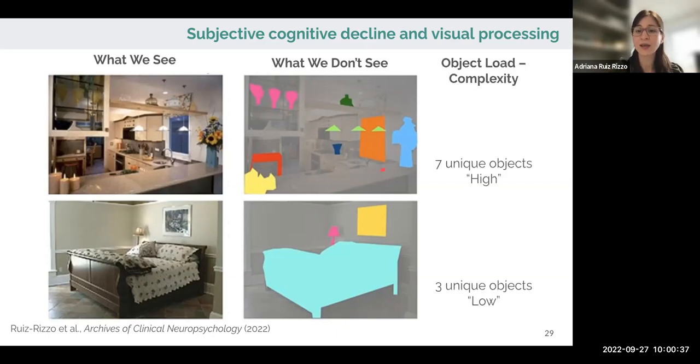In that case, we can say that this image above would be a high complex scene, because it has a higher number of unique objects compared to the scene down here. So we made use of this complexity property of images to analyze whether this difference could have some influence on the way older adults store and recognize scenes from memory.